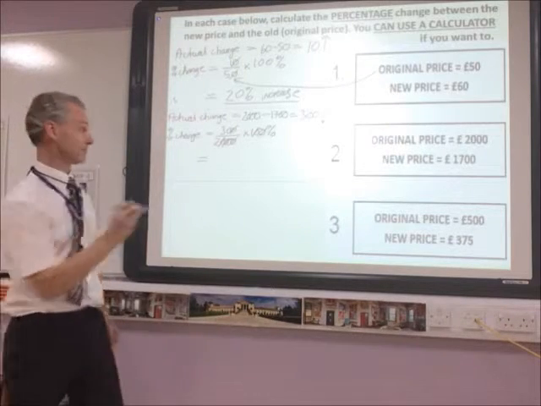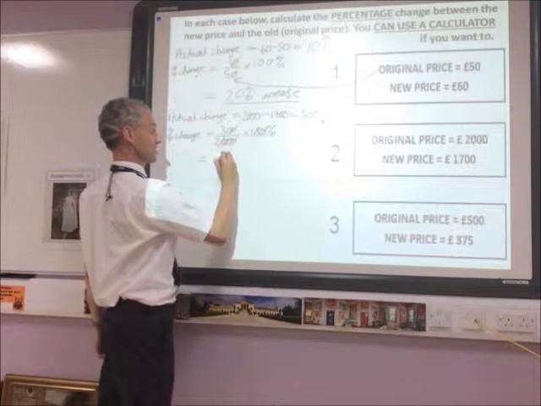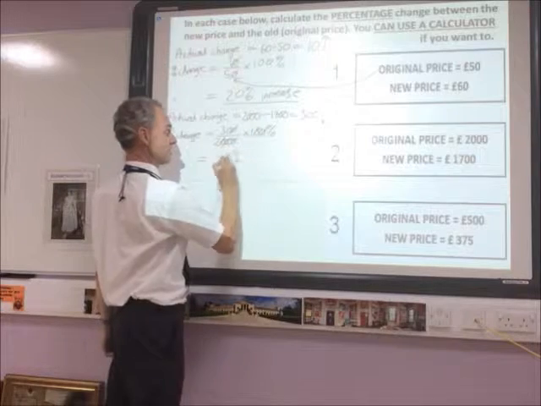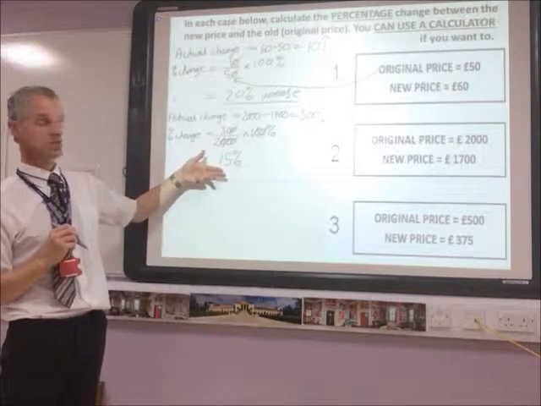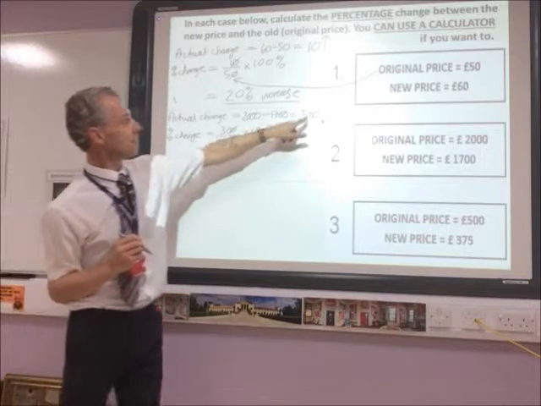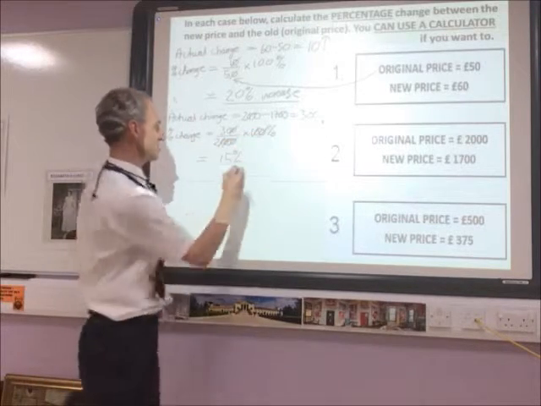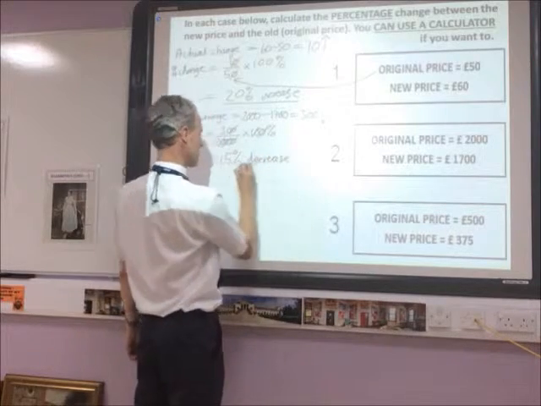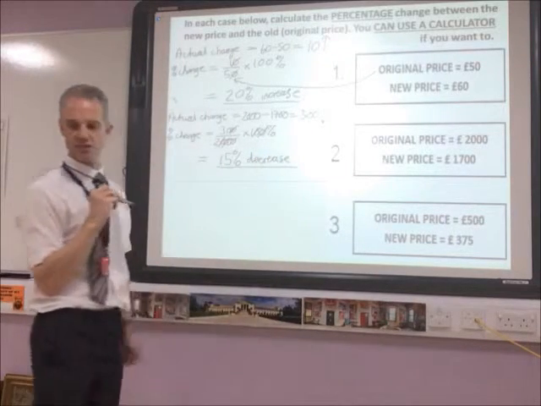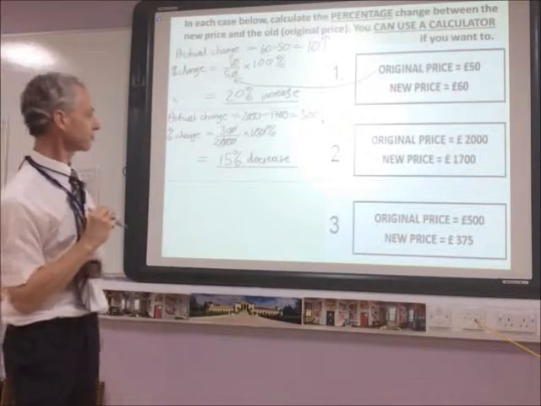I can do that in my head. 30 divided by 2 is 15%. But I need to make sure I've written down in my answer whether it's an increase or a decrease. Remember back here I showed that it was a decrease. So there's my answer. A 15% decrease.